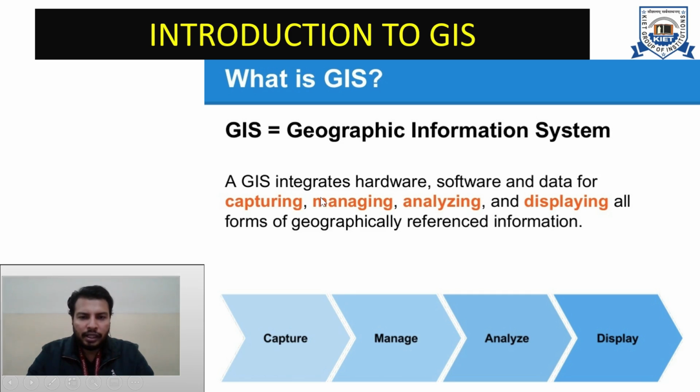A GIS integrates hardware, software, and data for capturing, managing, analyzing, and displaying all forms of geographically referenced information. So what do we basically do in GIS? We are using hardware, we are using software, and we are using different kinds of data that have been downloaded or gathered from some particular place.